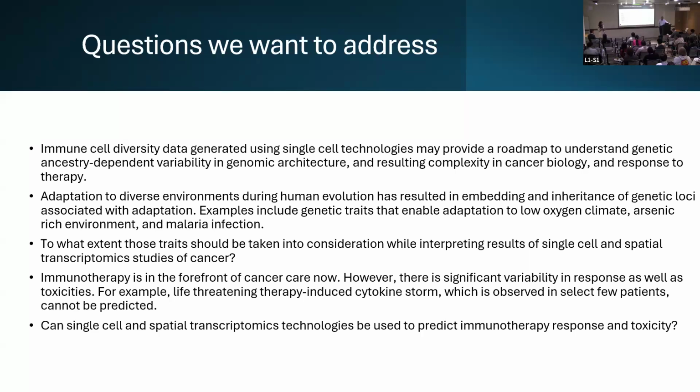I think spatial is expensive today, but you have to get creative in how you build efficiencies with it. One way we do it is we build tissue arrays, 100 cores per slide, and now your $5,000 experiment has 100 patients on a single slide. We do 2 intratumor, 2 peritumor, so you get 4 cores per block.